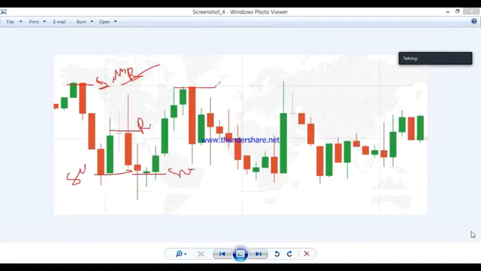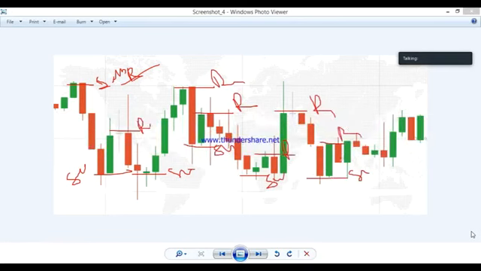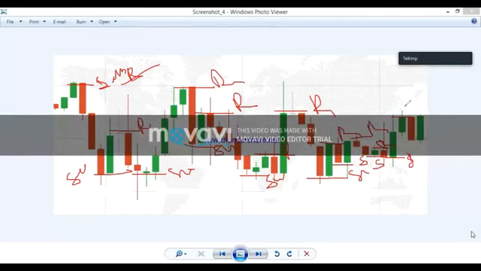There are resistance levels and support levels all over the chart. These are all support and resistance levels.